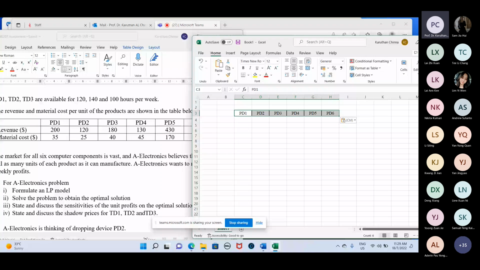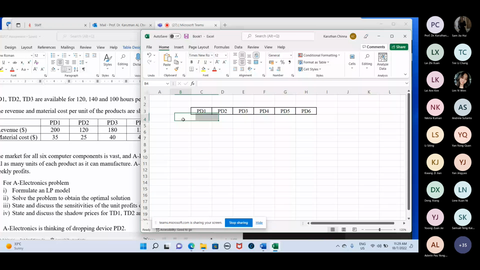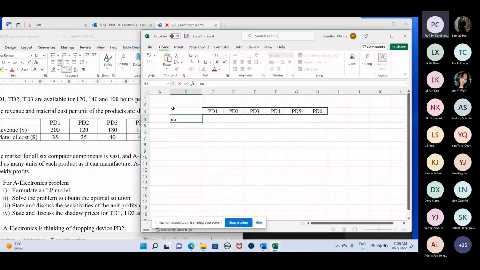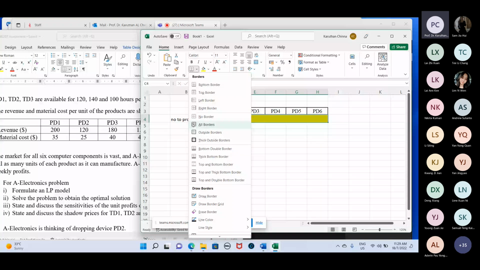There are 6 products. What do you want to know? Number 2, produce, right? How many to produce? Number to produce. Let me highlight this. That's the number we want to produce.